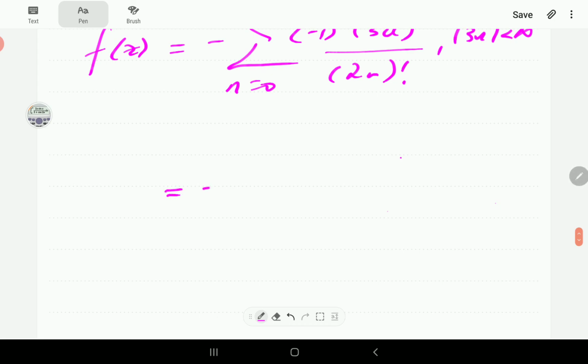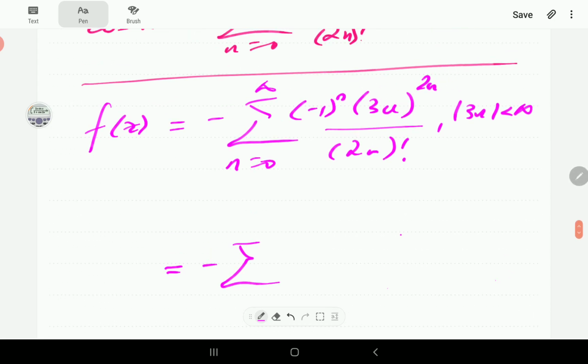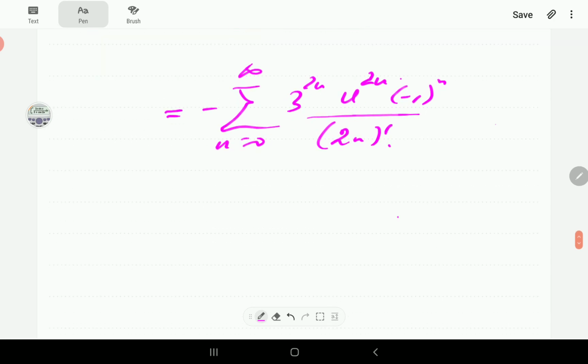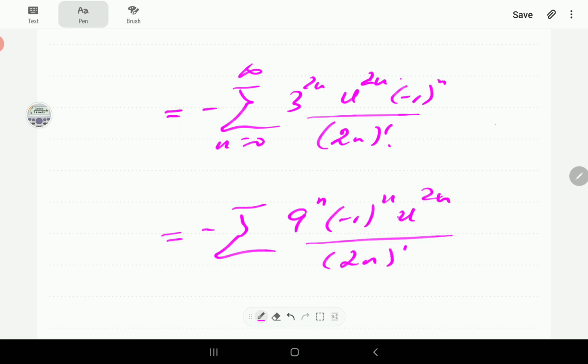And so this is going to be the negative of the summation of -1 to the power n, 3 to the power 2n, u to the power 2n, over 2n factorial. 3 to the power 2n is the same as 9 to the power n, u to the power 2n.